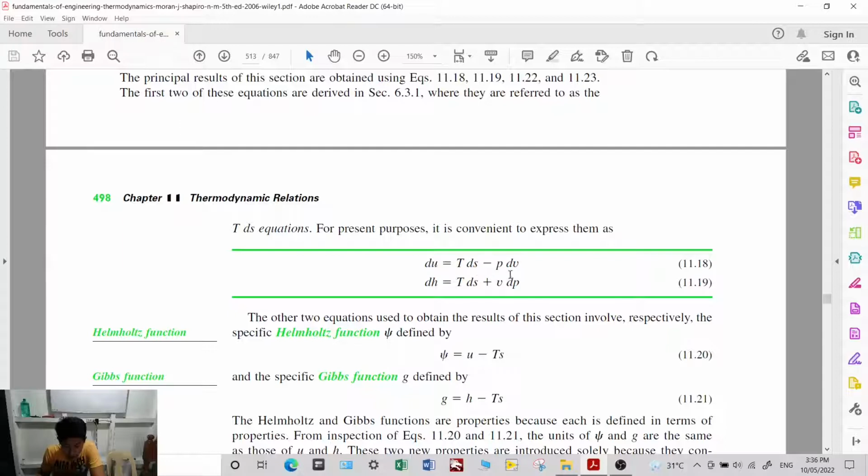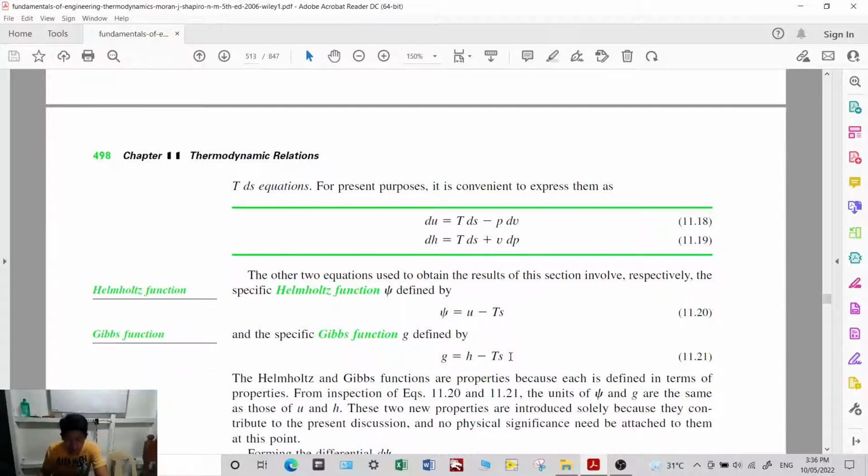Just like the enthalpy, ang enthalpy is U plus PV. No? So ang Helmholtz function and Gibbs function, for the present discussion, wala ni siya physical significance.